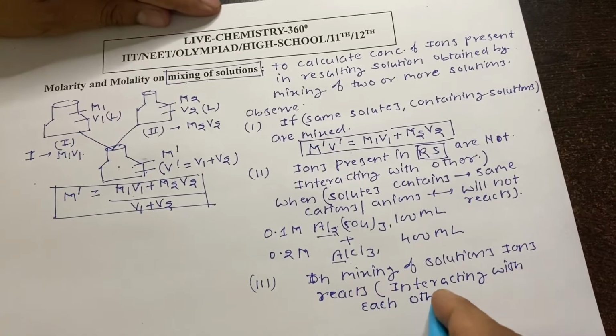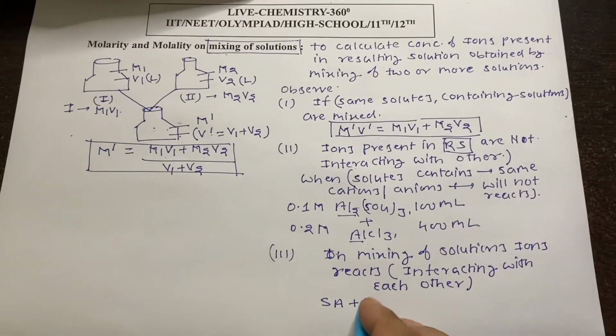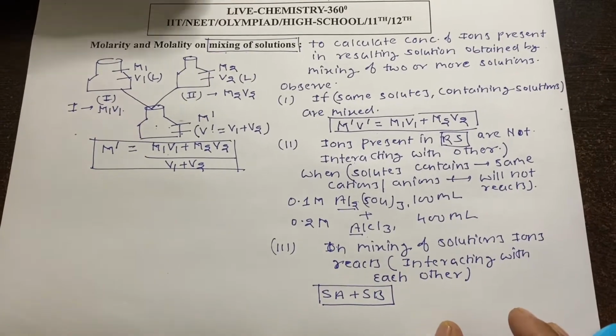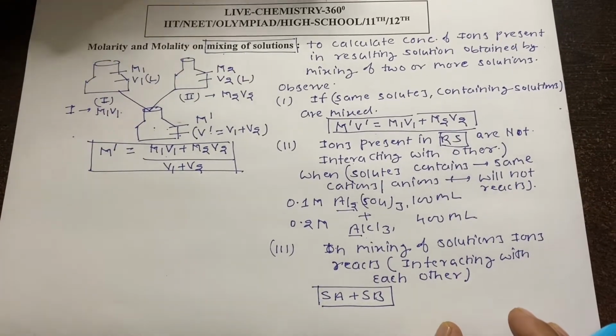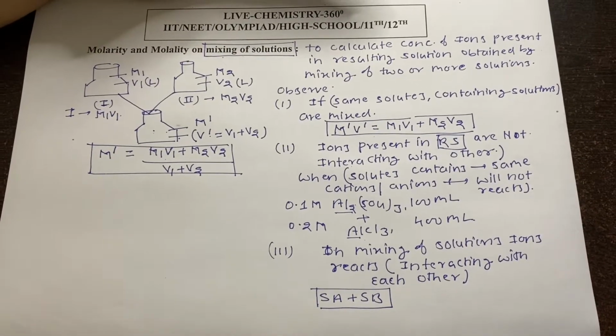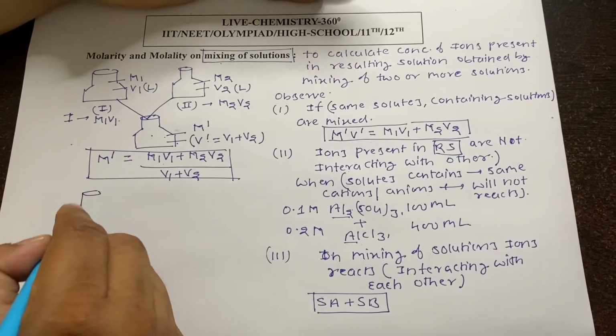So when ions react with each other, for example, when strong acid and strong base are mixed, obviously some part of the acid and base will neutralize to give unionized water. So the concentration of H plus or OH minus ion in the resulting solution can be calculated as follows.